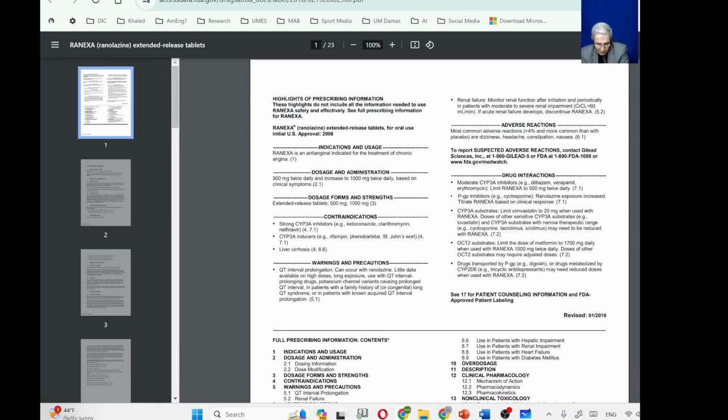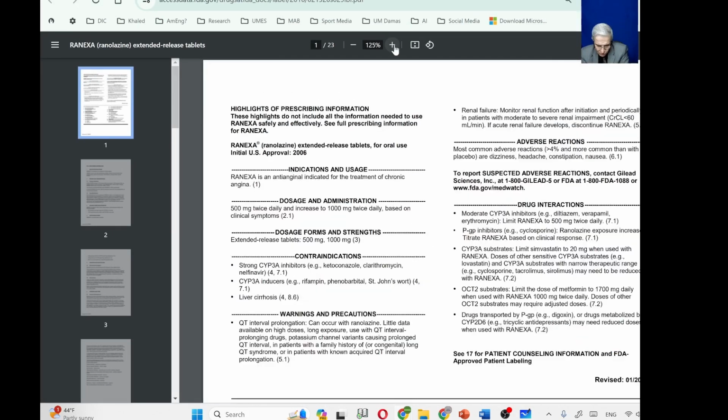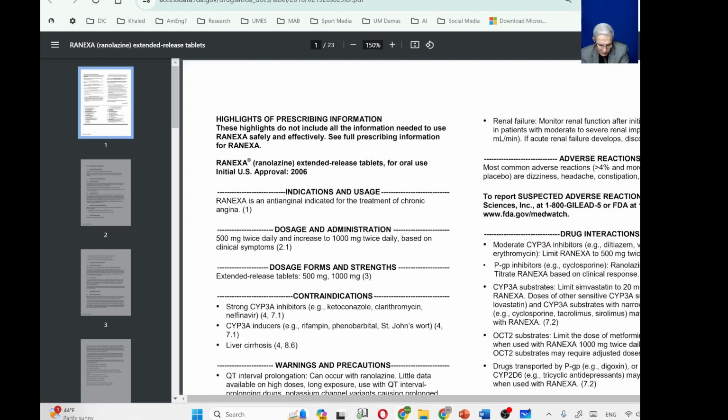Okay, let me maximize this a little bit to share with you what happened. This is Ranexa, the brand name, generic name ranolazine, and this medication is considered extended release and approved in 2006. It is considered an anti-anginal, indicated for the treatment of chronic angina, 500 milligram twice daily or 1000 milligram twice daily.